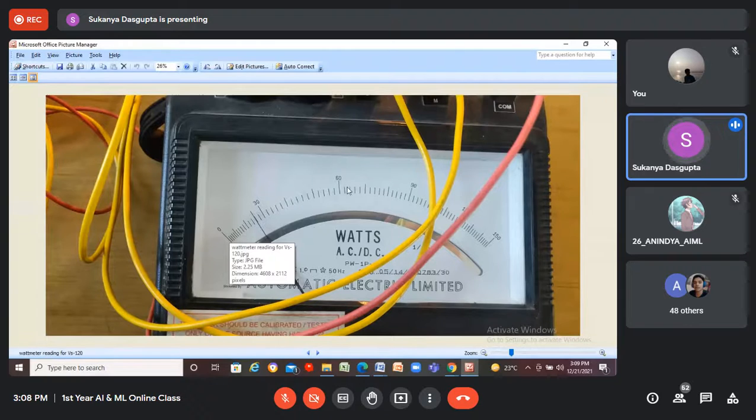If you change the scale or span to 1200, so that you can measure up to 1200, your design will be a little bit complicated and the cost will be increased. There are many factors associated with the design of these instruments inside this box. So mainly cost will be increased. That's why this is the advantage: with the multiplying factor, we can measure a high amount of power by using a small size wattmeter.